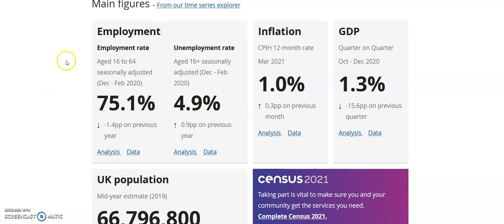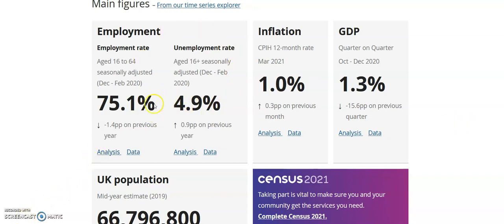The employment rate is 75.1%, and the unemployment rate is 4.9%. The difference between the two is the economically inactive, a percentage of people aged 16 to 64 who are economically inactive.